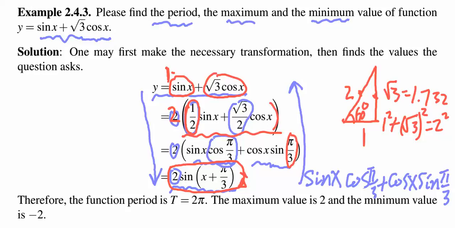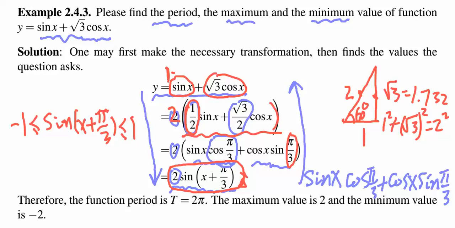After we got this one, we know sine has an absolute value less than or equal to 1. And then we know sine of x plus pi over 3 is between -1 and +1.